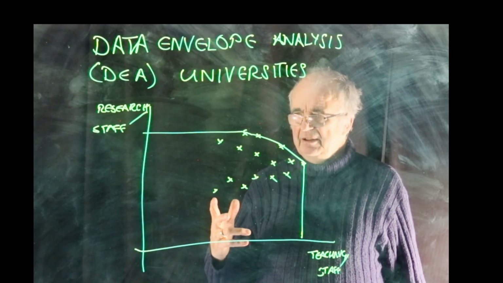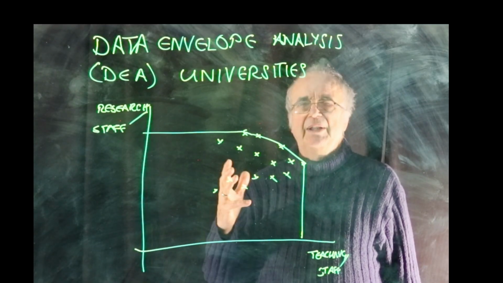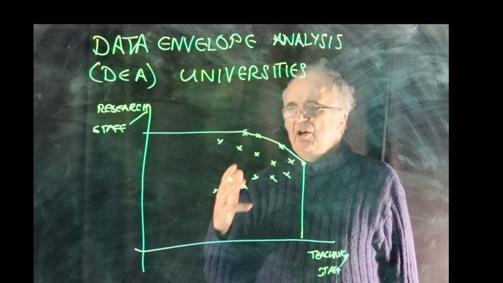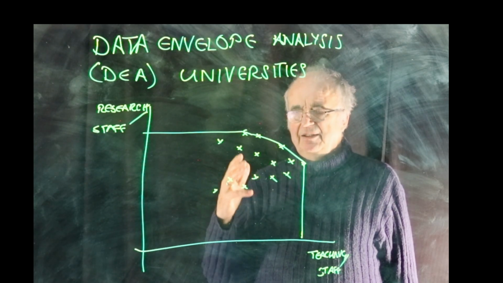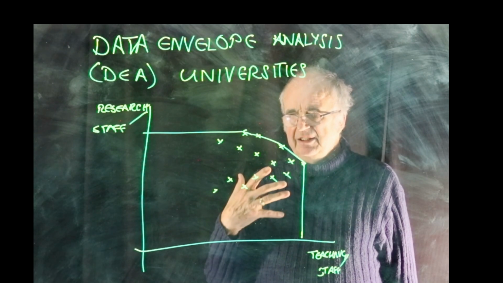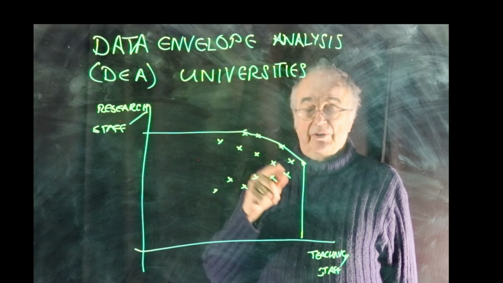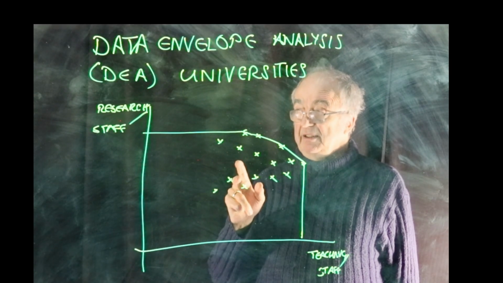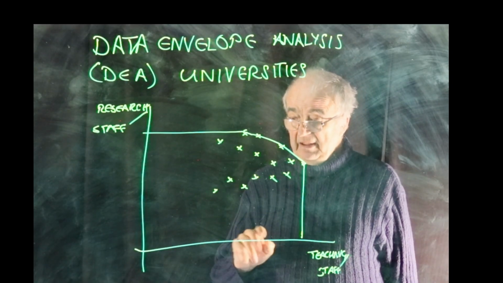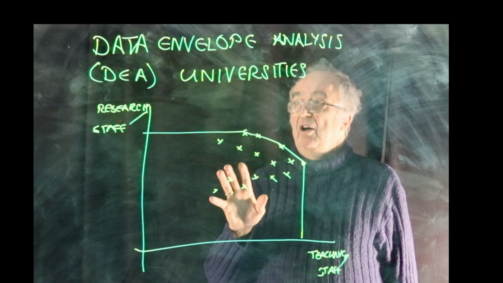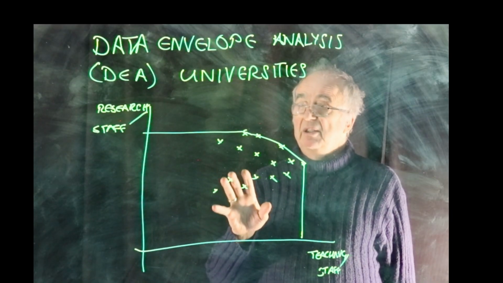Well, no, it isn't. But don't just stop at that point. Ask, why isn't it? Why is it that we have a sense that there's very definitely a hierarchy and it's not the way data envelope analysis demonstrates it? So that's data envelope analysis of university performance and league tables.